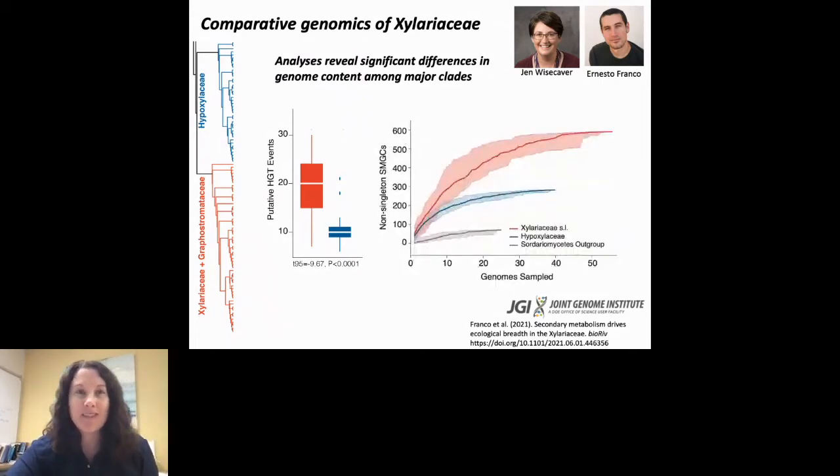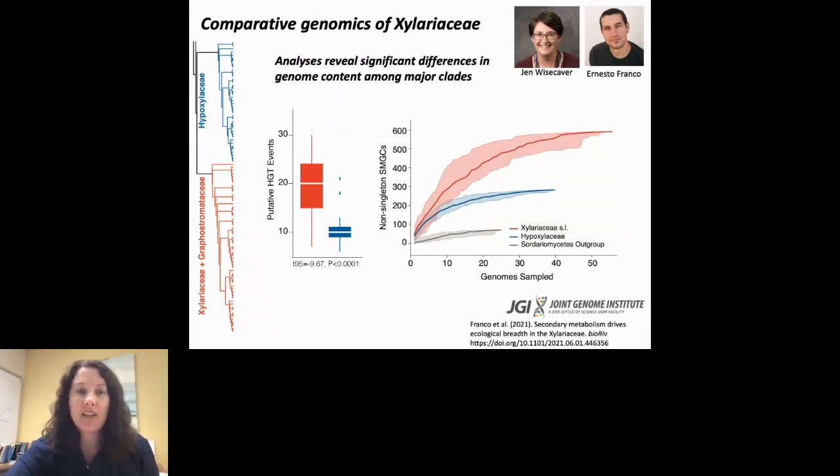The result of this is that if you look at the number of secondary metabolite gene clusters as a function of the number of genomes, for example in a rarefaction analysis, the Xylariaceae clade in red has an amazing richness of secondary metabolite gene clusters, regardless of the number of genomes that you sample.